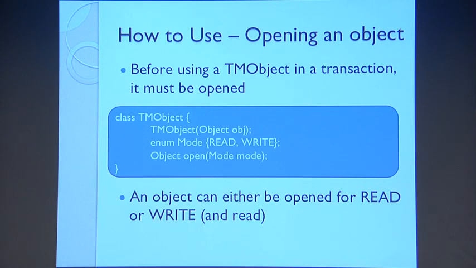We can open it for either read mode or write mode. So I explicitly say when I try to access some memory location, I'm going to just read from it, and then I open it for read. Or I'm going to read and write from it, and then I open it for write. We'll see why it's useful. It's basically an optimization. We could have just opened everything for read-write, but it's an optimization to reduce the number of conflicts between transactions.